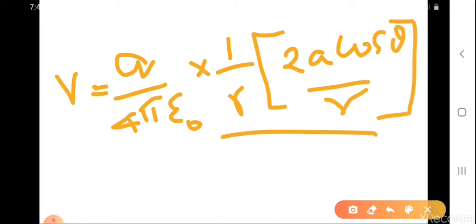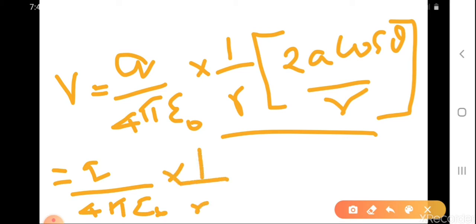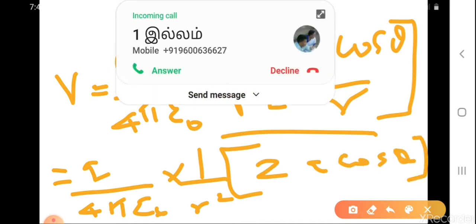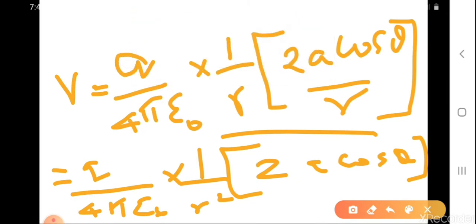This R and R will become R square. So, Q by 4 pi epsilon naught R square can be taken out. Q by 4 pi epsilon naught into 1 by R square into 2A cos theta.